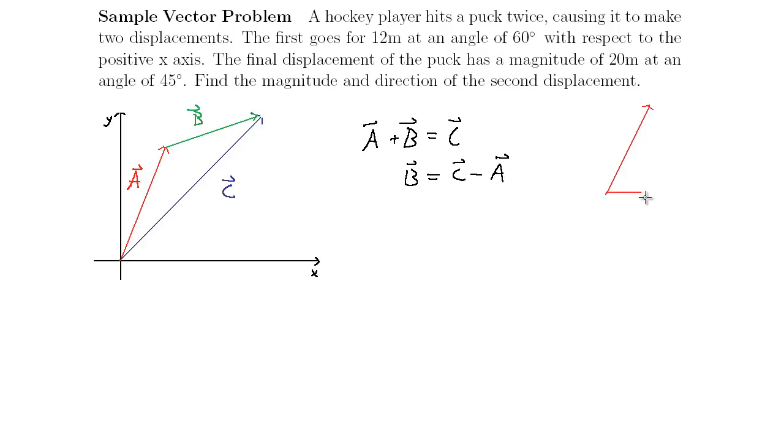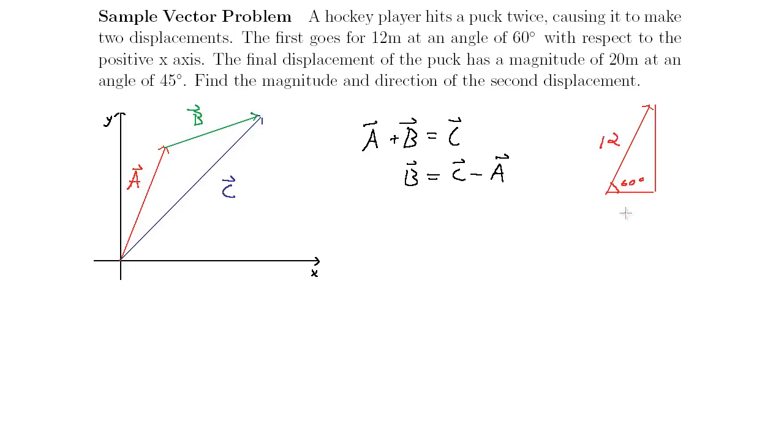So we need to figure out this side and then this side. Alright, well, we're given the angle here. Namely, this is 60 degrees. And we know the length of this side, right? It's 12.